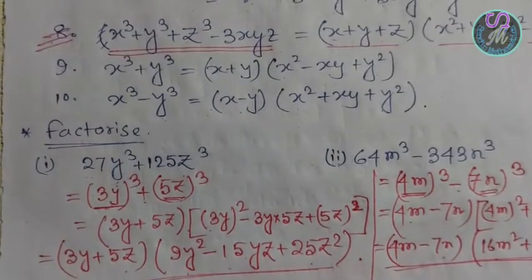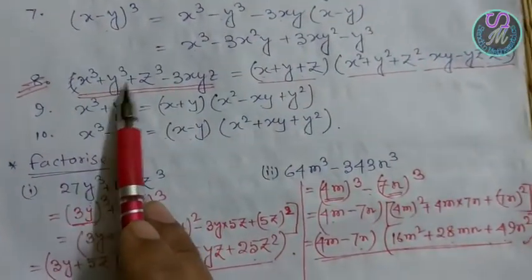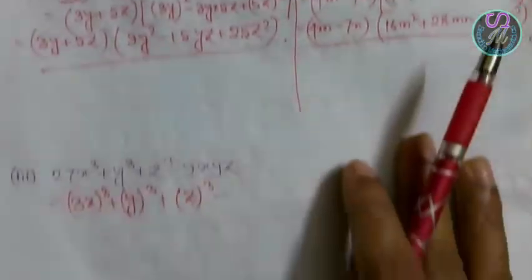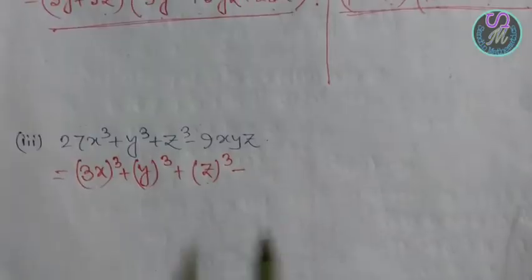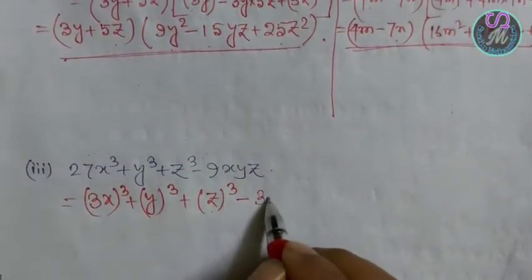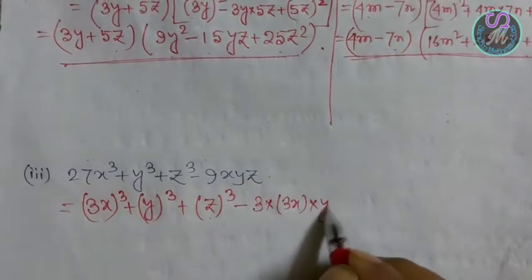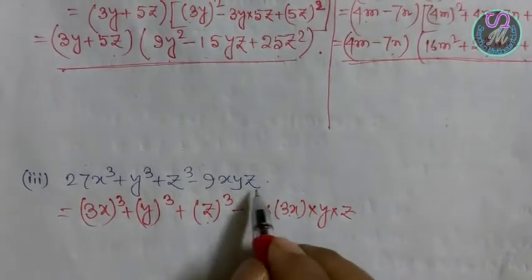Now everyone has seen identity number 8, in which this is x cube plus y cube plus z cube minus 3xyz. So here 3xyz means 3 into 3x into y into z. Then 3 into 3, 9xyz. So here the 9xyz.